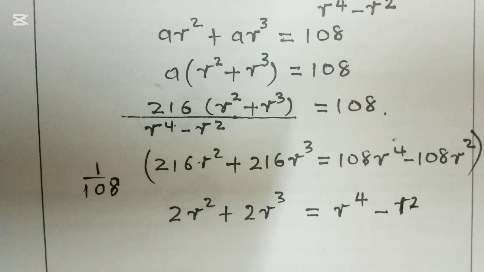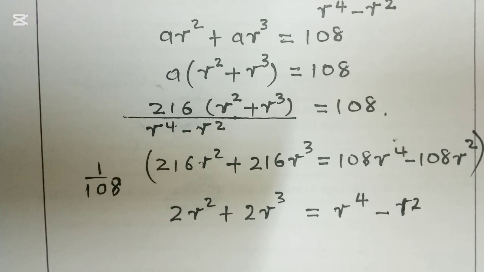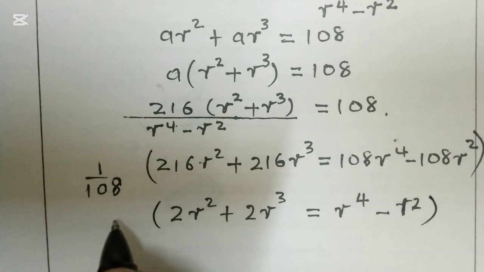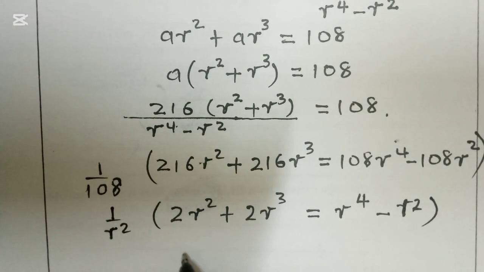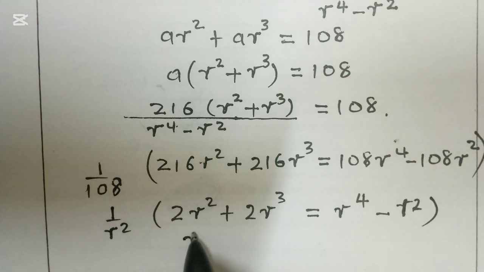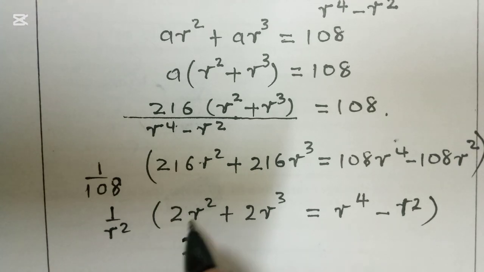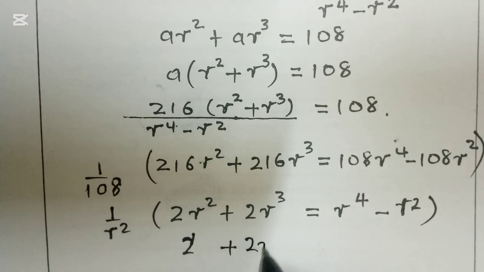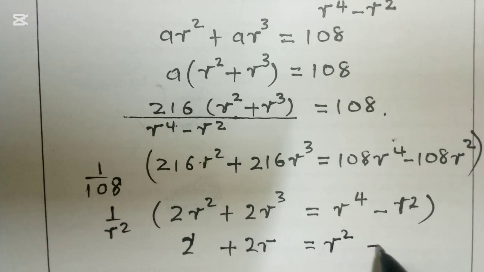From there we can divide yet again, by R^2. Dividing by R^2, this will give us 2 + 2R = R^2 minus 1, like that.